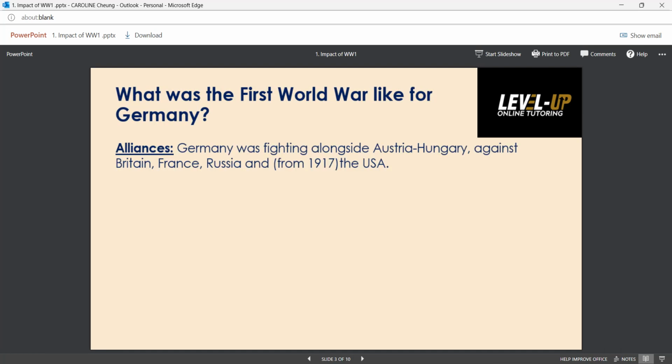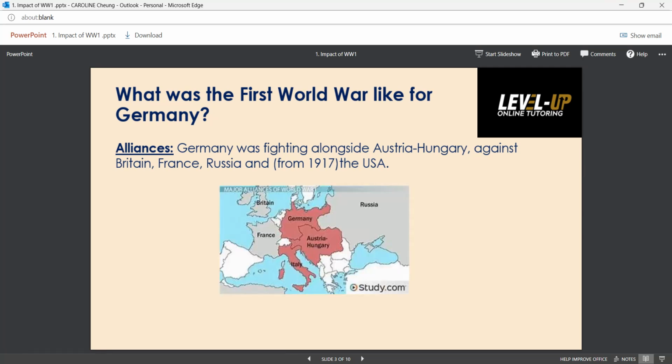One of the big reasons was the alliances that they fall into. Germany is fighting alongside Austria-Hungary and Italy. Those are the countries that are in red, and they're fighting against Britain, France, Russia, and from 1917, America.